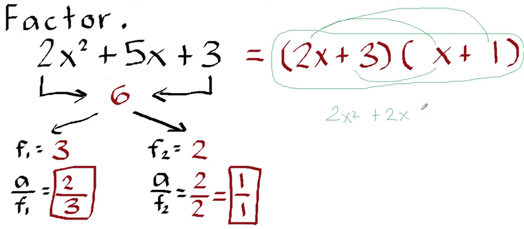Positive 3 times x is positive 3x. Positive 3 times positive 1 is positive 3.